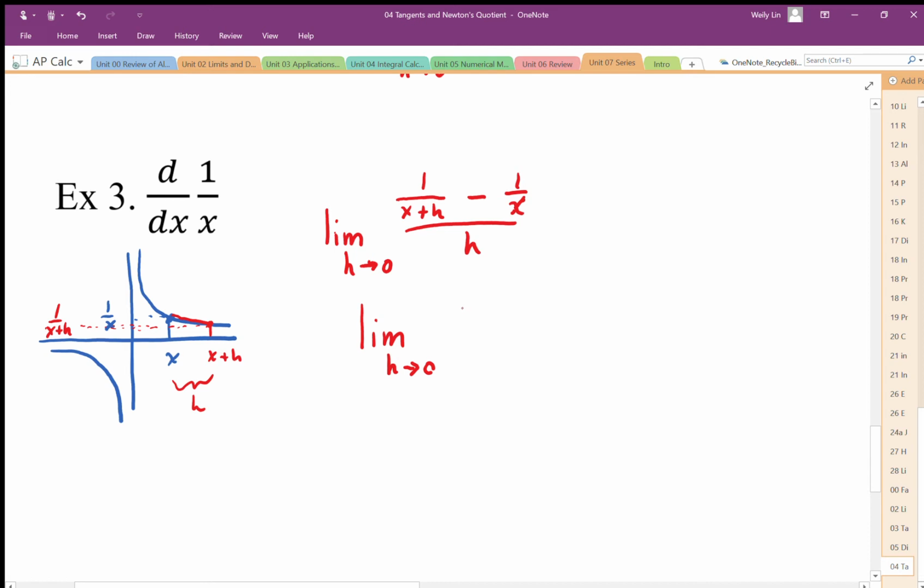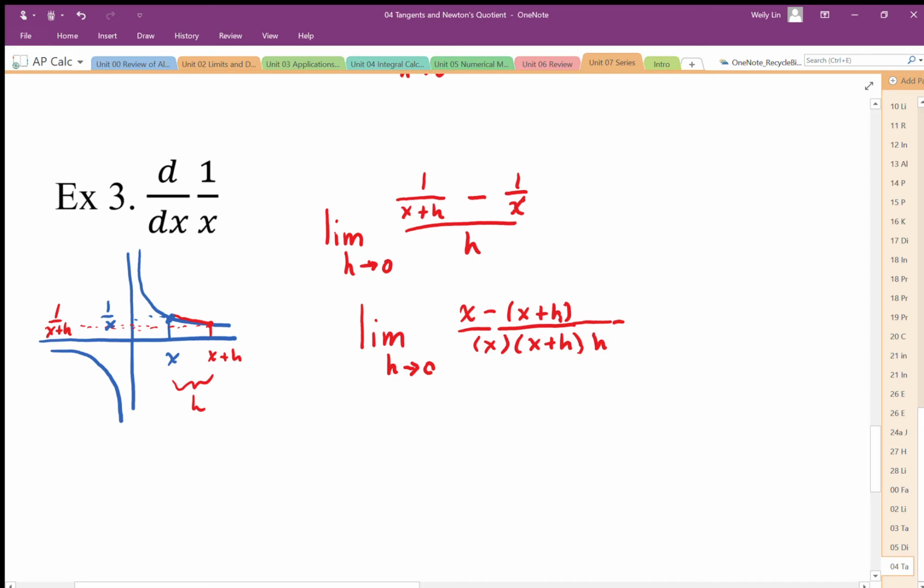I'm going to end up with x minus x plus h all over the common denominator of x times x plus h. And that's all divided by h, but instead of making a complex fraction, the h just ends up in the denominator of the fraction.